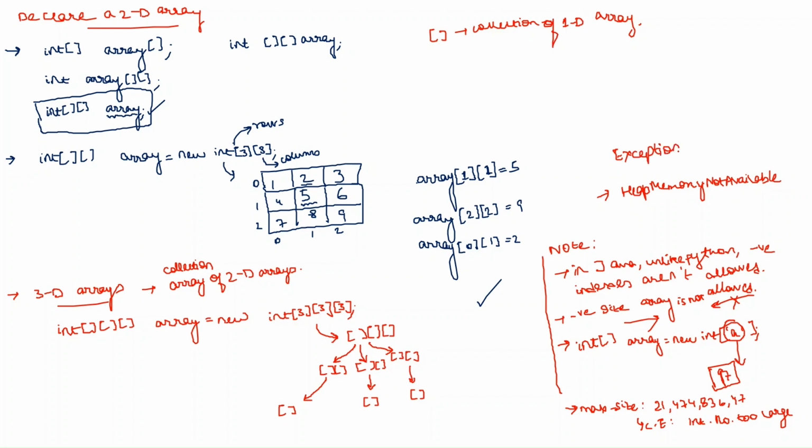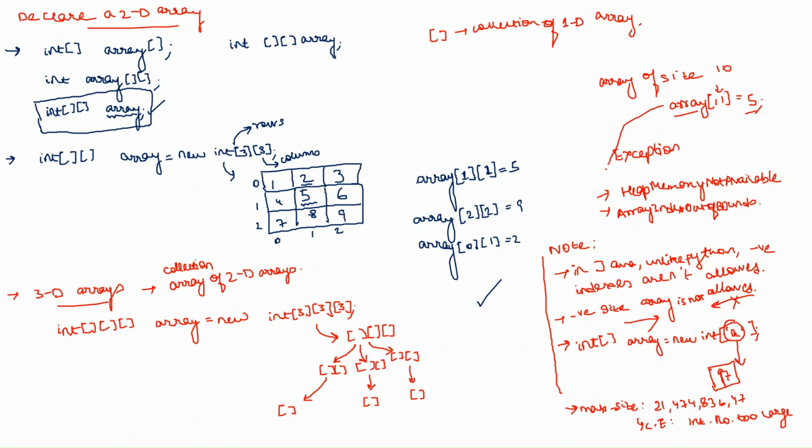A very famous exception that I'm going to talk about right now is the array index out of bounds exception. What does this mean? This means that, let's say I have an array of size 10, and it is represented by this array variable, and I'm trying to access and store a value 5 in the 11th index of that particular array.